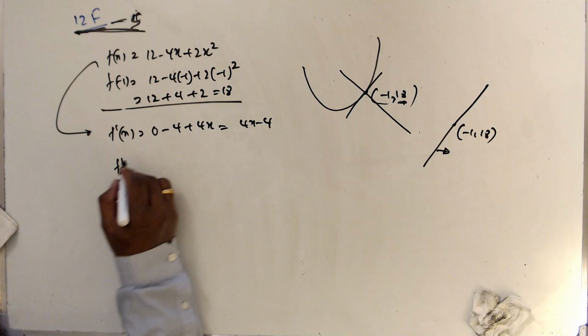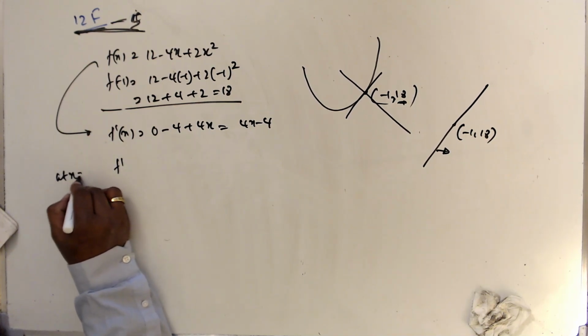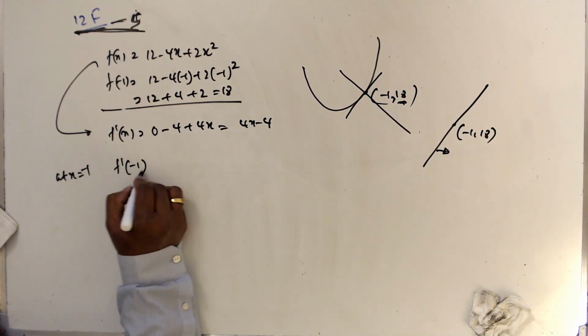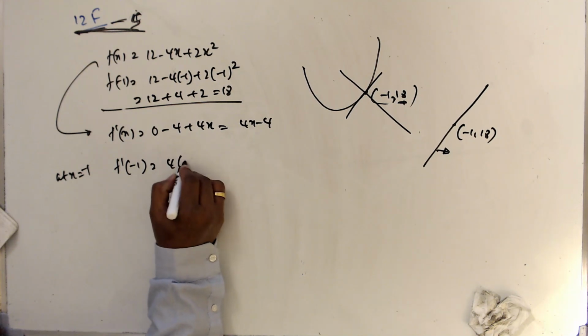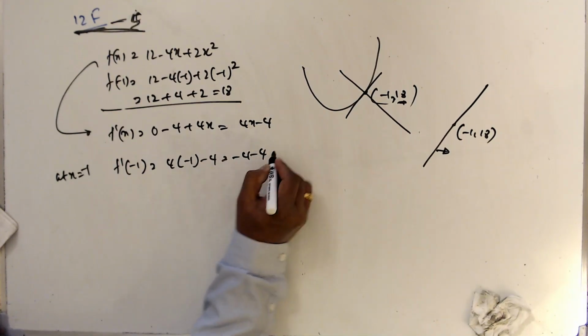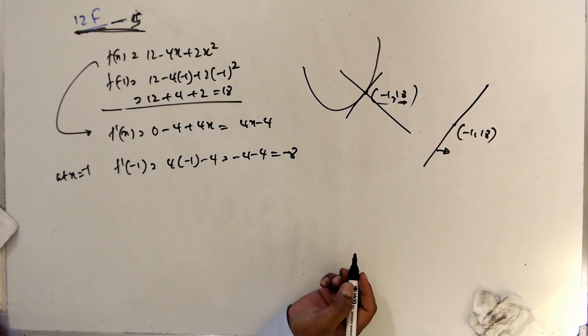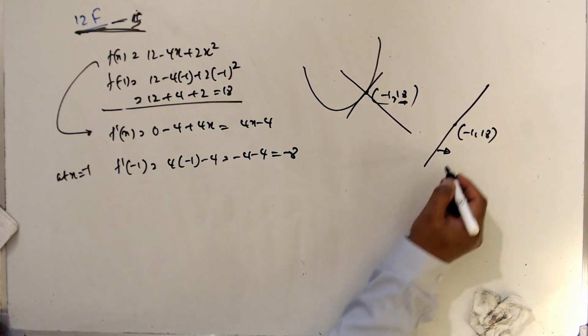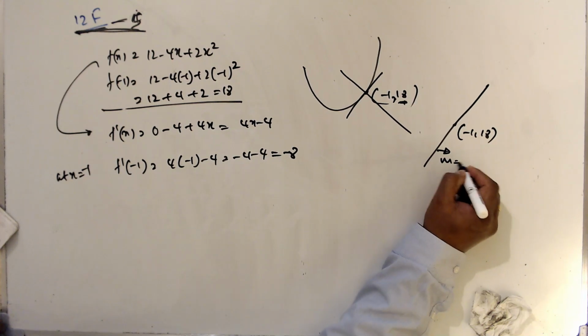So f dash at x equal minus 1: f dash of minus 1 equal 4 times minus 1 minus 4. Minus 4 minus 4, minus 8. So we found out the gradient m is minus 8.